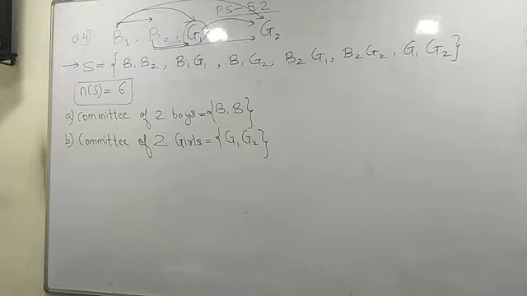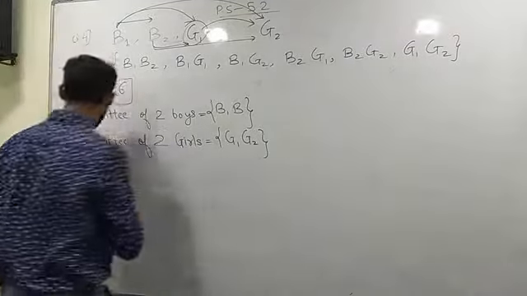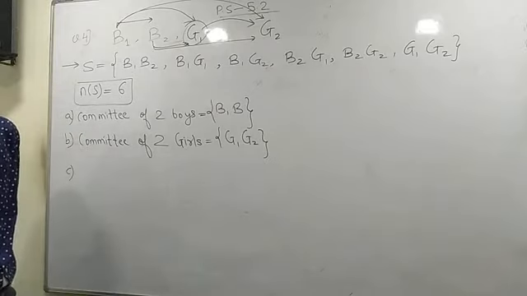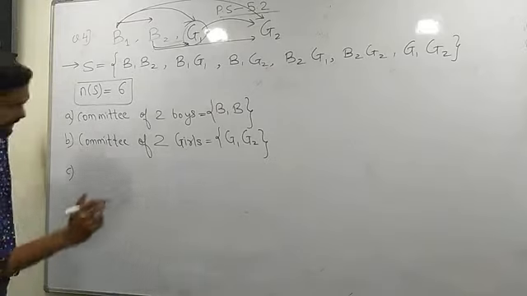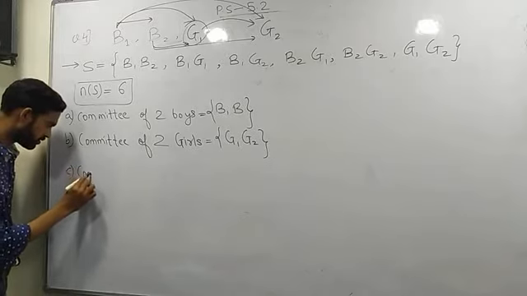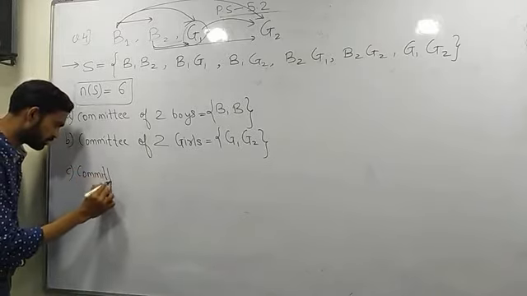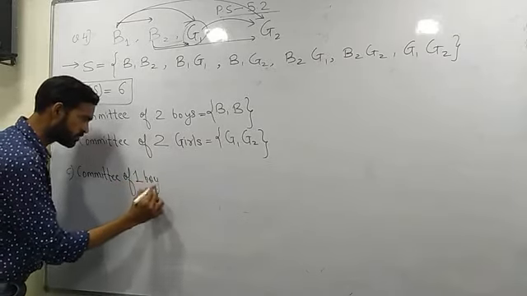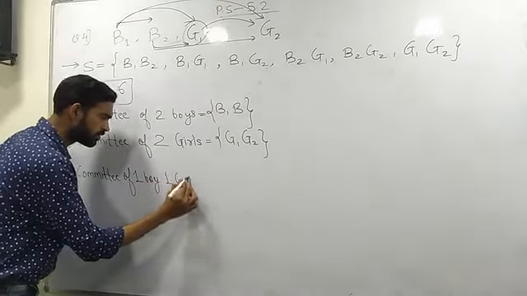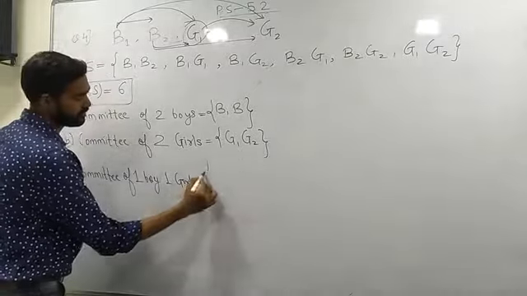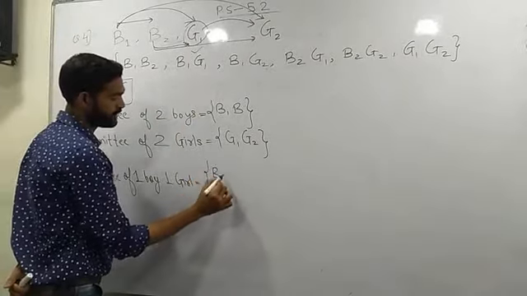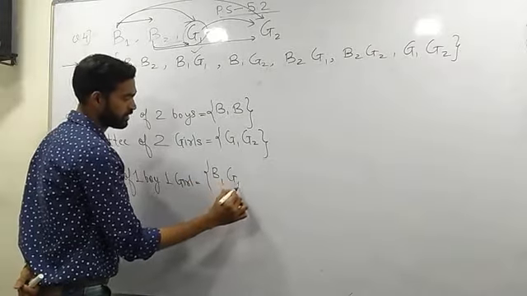Now next one. Look, sub question C. What does this C say? The question is, committee of 1 boy and 1 girl. One boy, 1 girl. Let us see. This one, B1, girl 1.